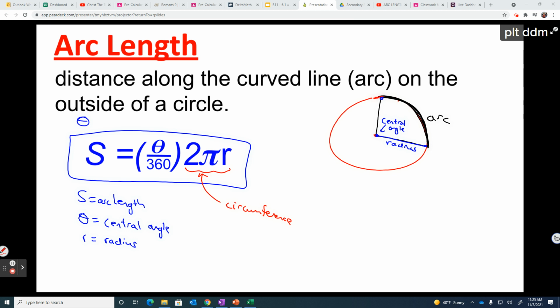We're just taking whatever fraction of it. This is the number of degrees over 360, so this is just a fraction of the circle times all the way around the circle. So if it was 90 degrees, that's a fourth of the circle, right?